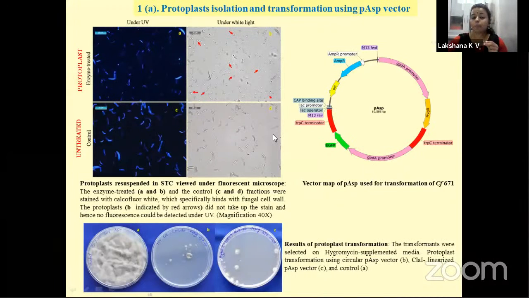So this protoplast was transformed using PSP. Here are the transformants obtained by transformation using circular vector and linearized vector.